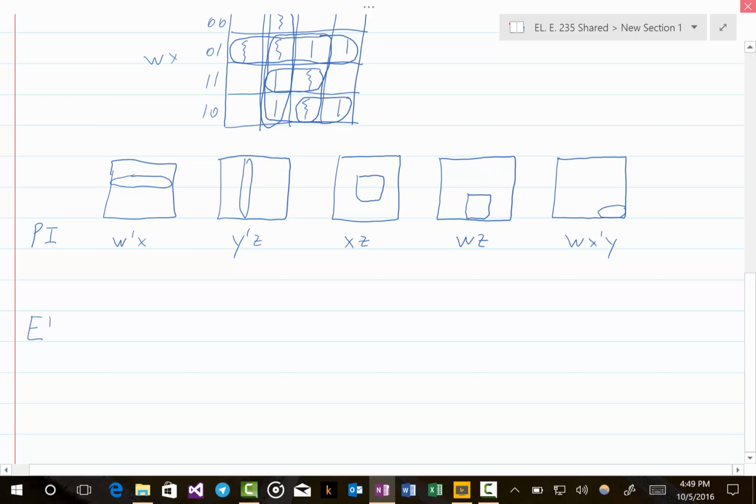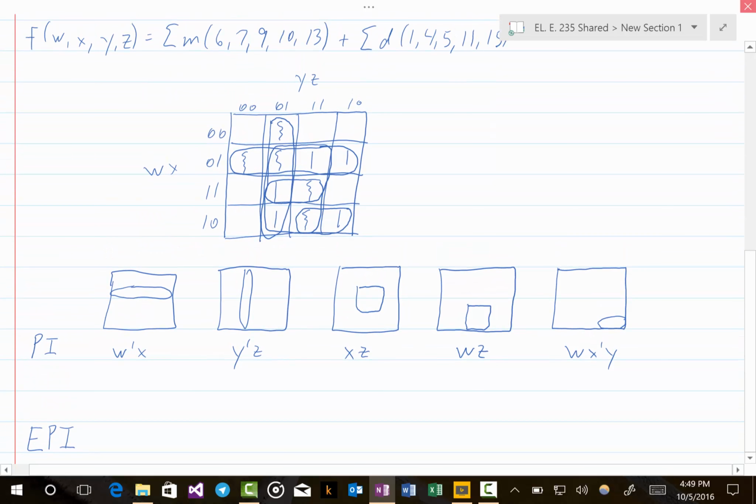And now we want to look for essential prime implicants.